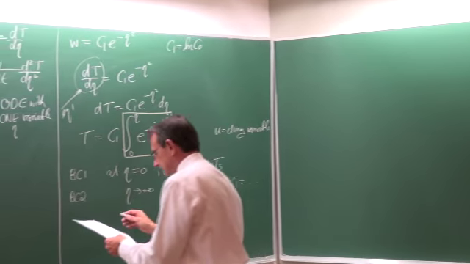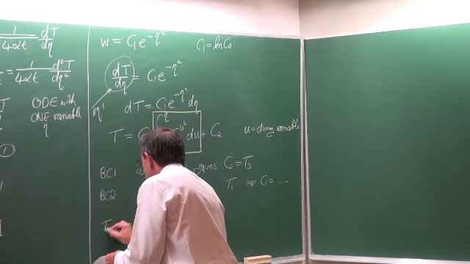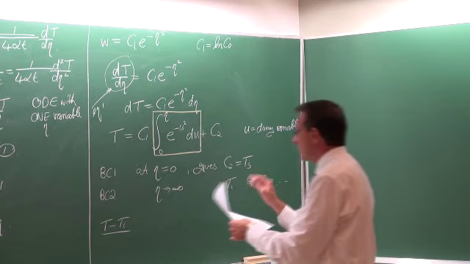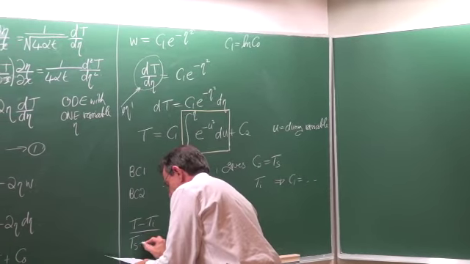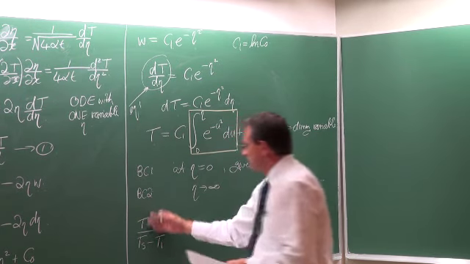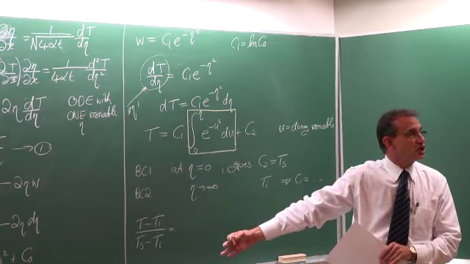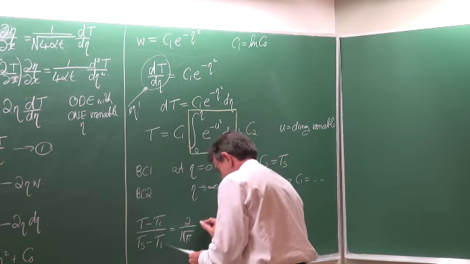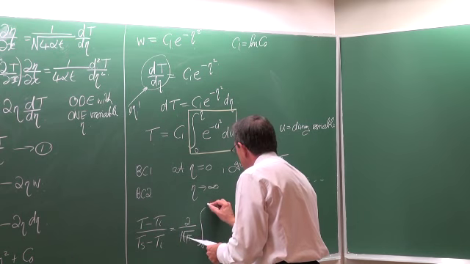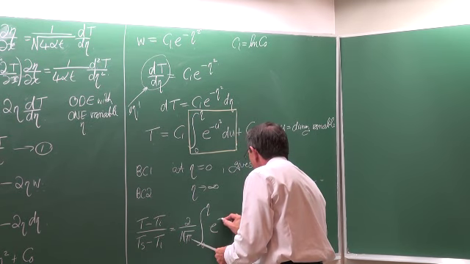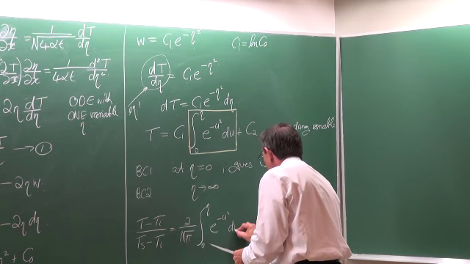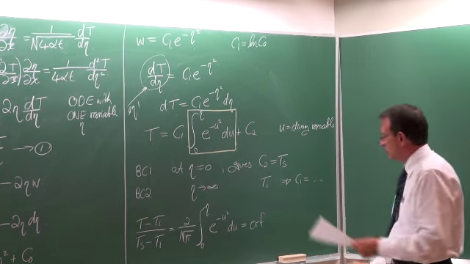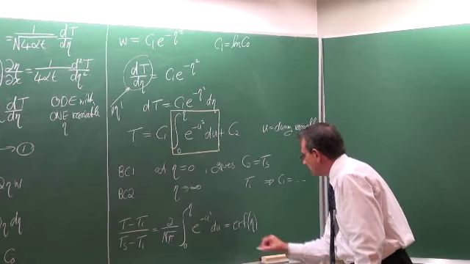But the result of this is the following equation. (T minus Ti), and if we substitute it a little bit and rearrange, divided by (Ts minus Ti), this is again a non-dimensionalized temperature, is equal to 2 divided by the square root of pi multiplied by the integral from 0 to η of e to the minus u² du, and that is equal to what we call the error function in η.